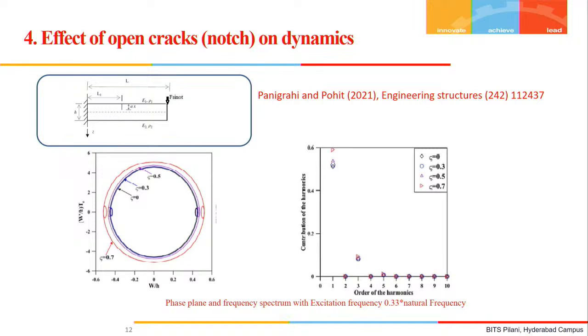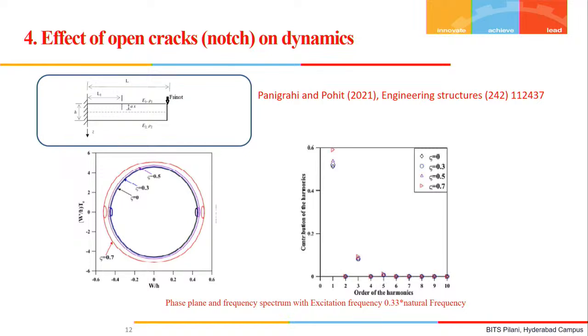Crack depth 0.7 has the maximum impact for this first-order harmonic. However, for the second, third and fourth order harmonics, there is a slight response contribution of the third order harmonic here, but this response is almost the same for all the crack depths.